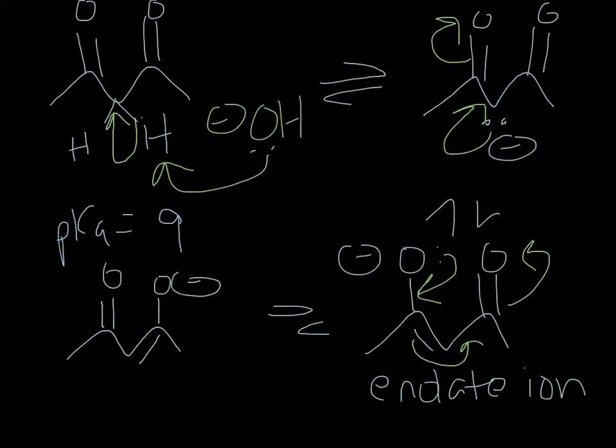So there's a lot of resonance involved in this enolate ion, and you have that charge shared on pretty electronegative atoms, and so that's going to make that acidity even greater. So that's an easier proton to pull off. In solution, when you have a strong base like OH, you're going to have some enolate ion present in solution.